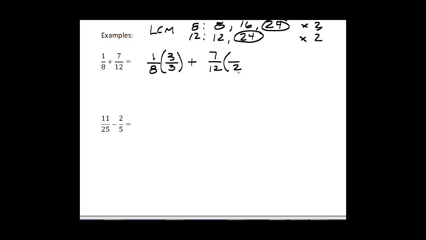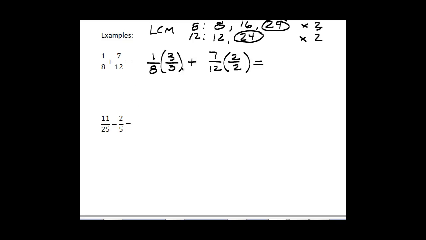We're going to multiply 12 by 2, and we're going to multiply the numerator by the same. So here I'm multiplying by 3 over 3, which is another way of saying 1. So I am not changing the value here, just the way it is represented. And here I'm going to multiply by 2 over 2 to get an equivalent fraction to the 7/12. And again, 2 over 2 is 1. When I multiply by 1, I don't change the value.